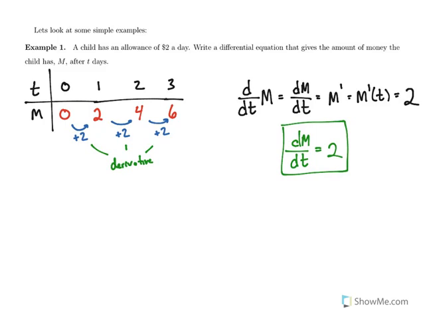Note that in this example, we can actually do better than that. We can actually get the actual function itself. It's not that hard to see. We could say that m is just equal to 2t. Right? We can even think about it as m as a function of t is equal to 2t. But we can also see the relationship between functions and derivatives here.